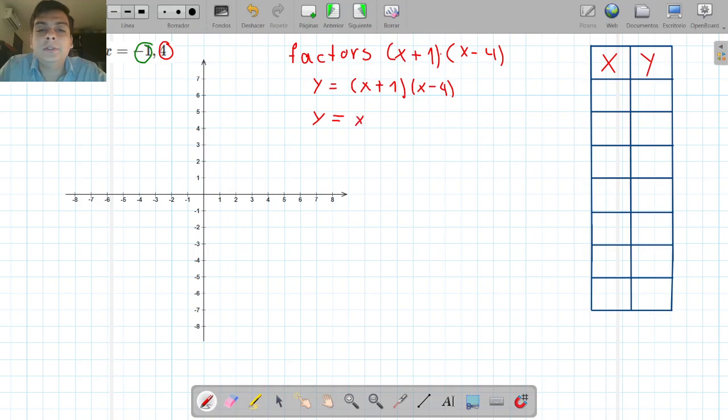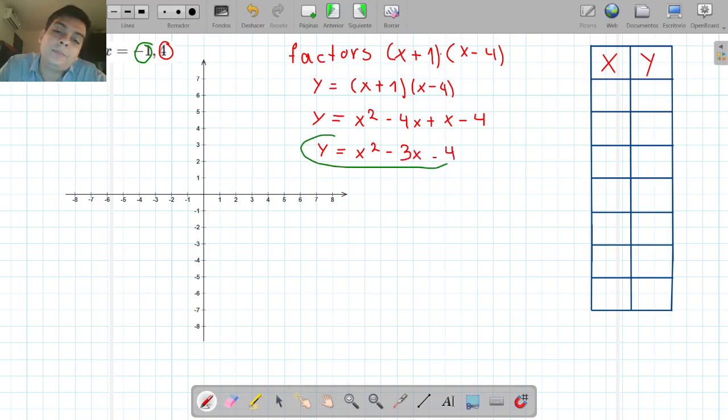X times x is just x squared, minus 4x plus x, sorry, x squared minus 4x and 1x here, very good, and 1 times minus 4 is just minus 4. x squared minus 3x minus 4, and guys, we finish.